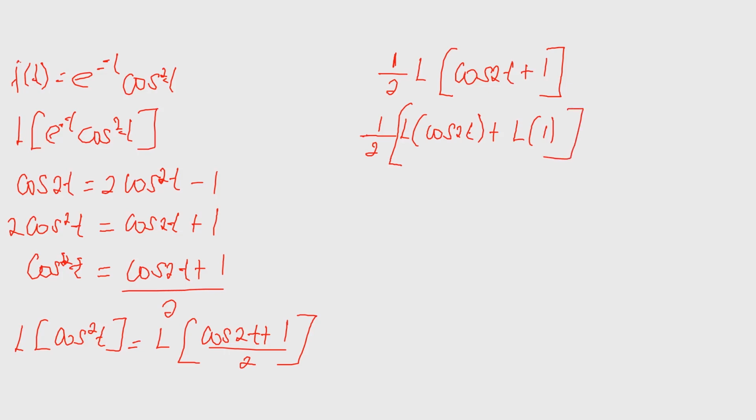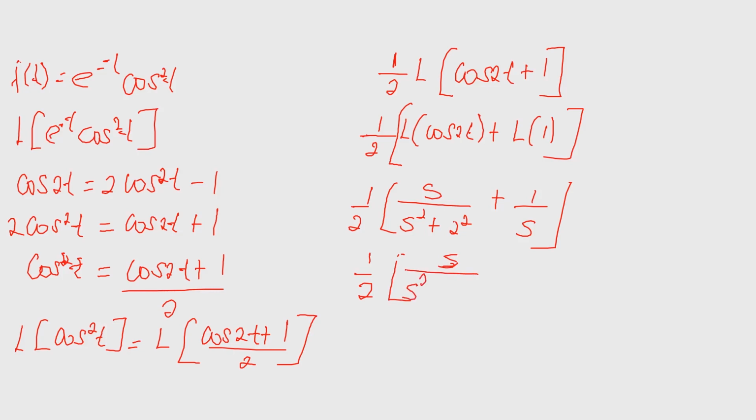You already know the Laplace transform of cos 2t is s over s squared plus 2 squared, then plus the Laplace transform of 1. 1 is a constant, so finding the Laplace transform of the constant value 1 gives 1 over s, that is the constant value over s. So you can put it in brackets: 1 over 2 into s over s squared plus 4, then plus 1 over s.